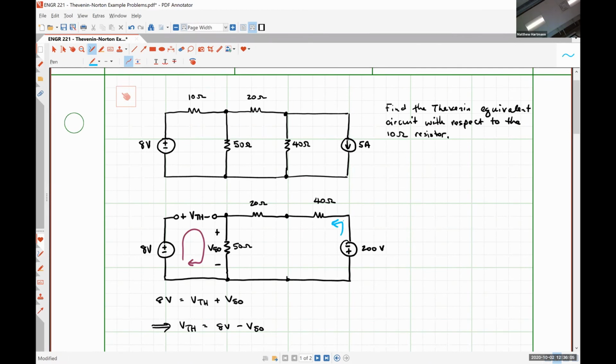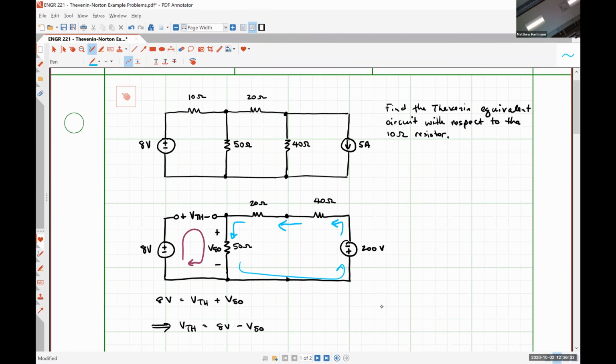It's in series with this 40 ohm resistor, right? Which is in series with this 20 ohm resistor, which is in turn in series with this 50 ohm resistor. And then we're back down to the bottom node. So I have a voltage source in series with several resistors. So what method should I use to solve for the voltage drop over one of those resistors? Voltage division, there we go.